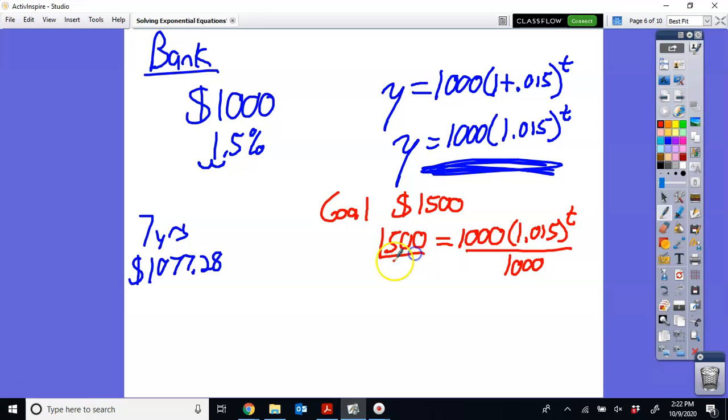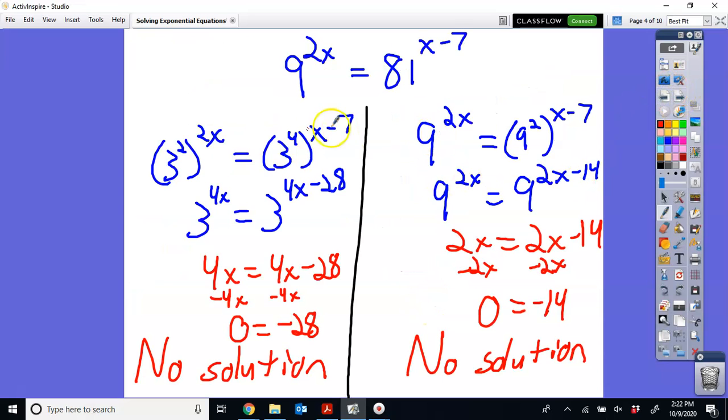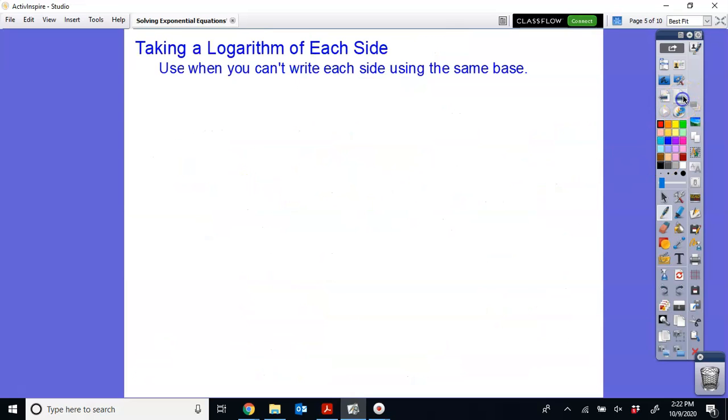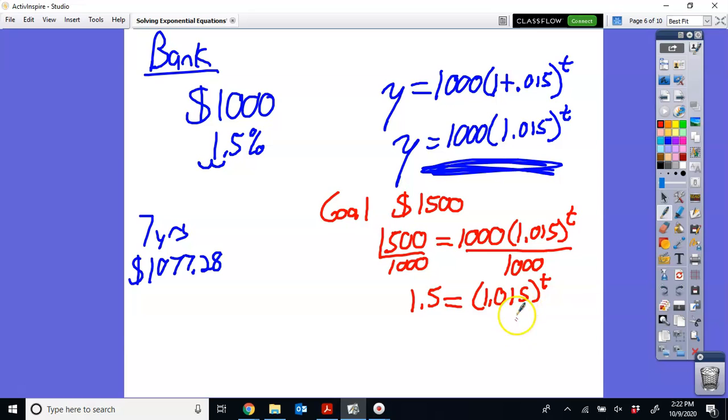I'm going to divide that 1,000 over to this side, and I get 1.015 raised to the t, and 1,500 divided by 1,000 is going to be 1.5. So I want to know when this equals this. But I can't get that to be the same exponent, or same base, on both sides, because I don't know how to write 1.5 as a base, or 1.015 even worse, right?